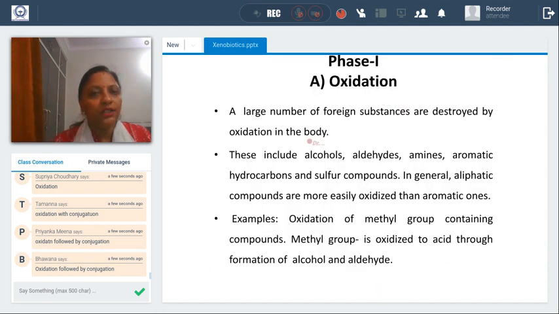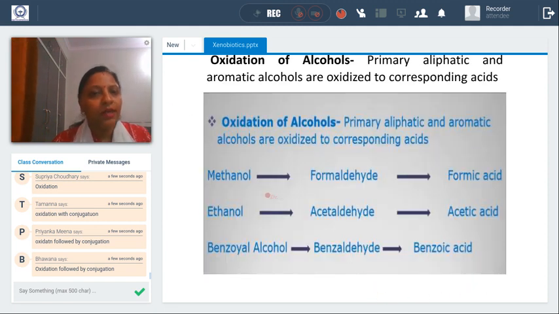Phase 1 oxidation: a large number of foreign substances are destroyed by oxidation in the body. Methanol converts into formaldehyde, then formic acid; ethanol, acetaldehyde, acetic acid; benzyl alcohol, benzaldehyde, benzoic acid.